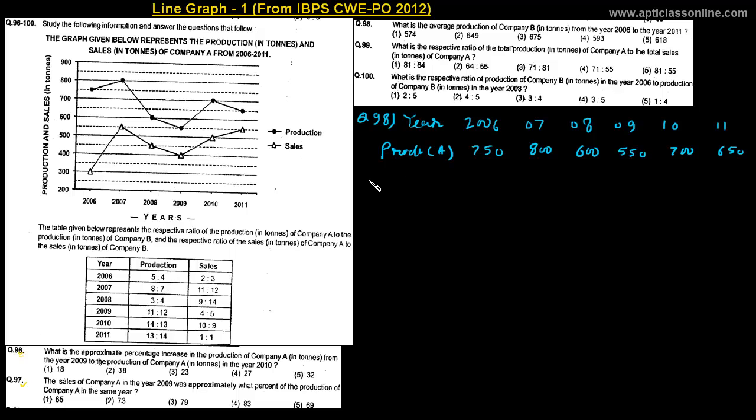That means we can write 5:4 as 5x to 4x.